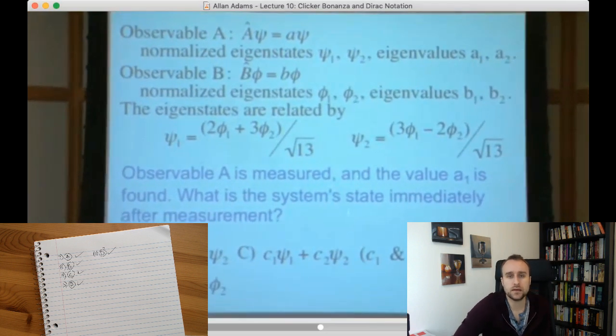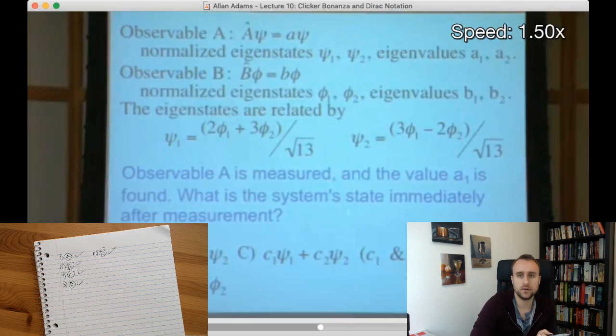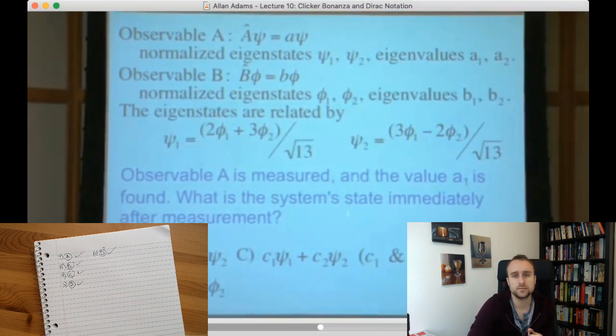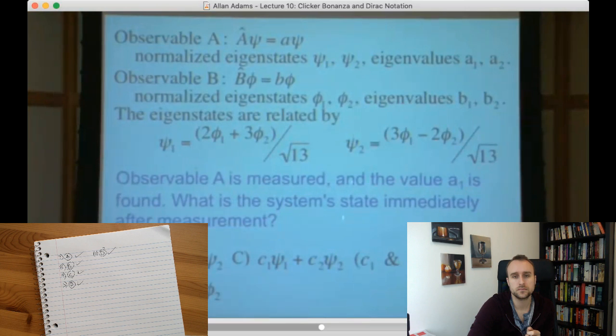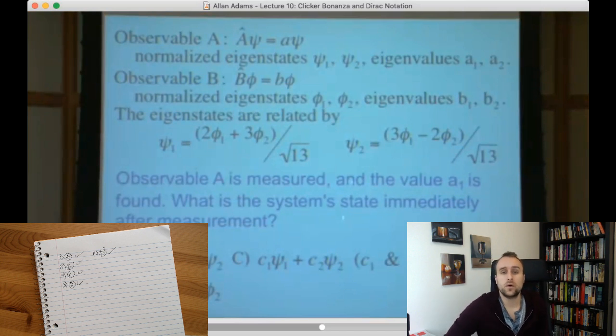Observable A has eigenstates psi 1 and psi 2, and observable B has eigenstates phi 1 and phi 2. The eigenvalues are A1, A2 and B1, B2. The eigenstates are related by this linear, somewhat complicated relation.